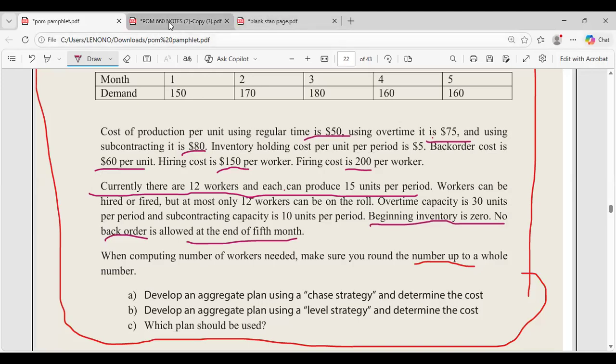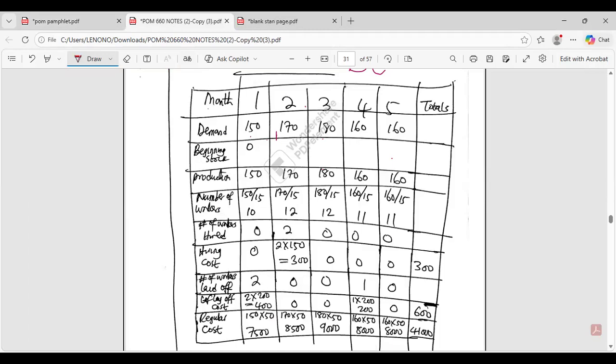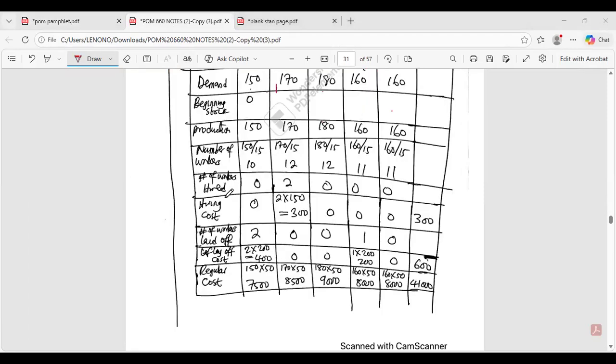What does it mean? Maybe because they're the ones needed to meet the demand. Yes, production, you are very right. These are the ones needed to meet the demand, but meaning that we would have laid off 2 workers.